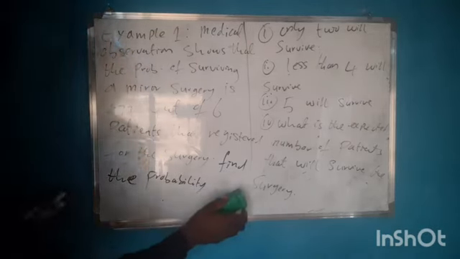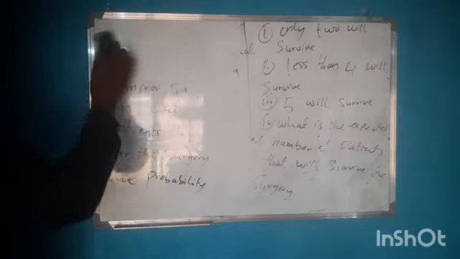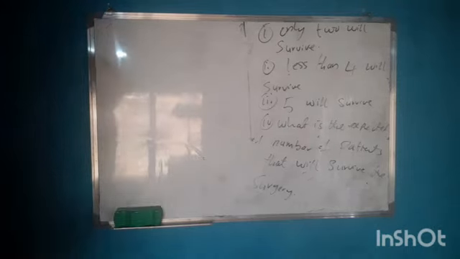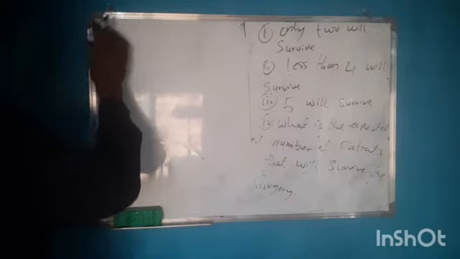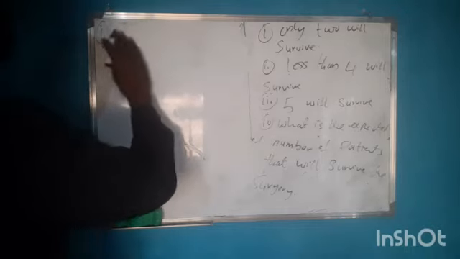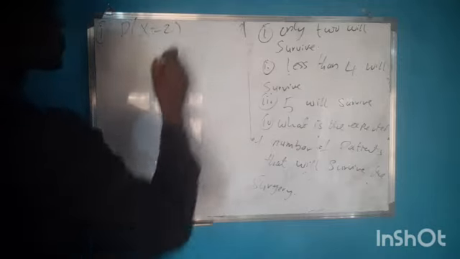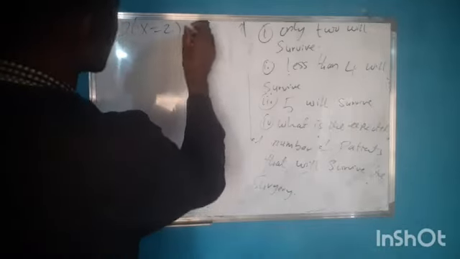So let's start with number I, which says the probability that only 2 will survive the surgery.